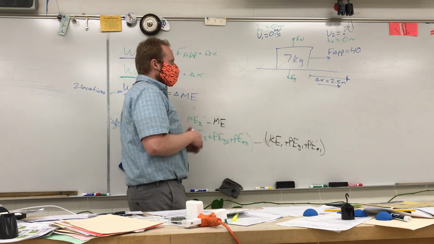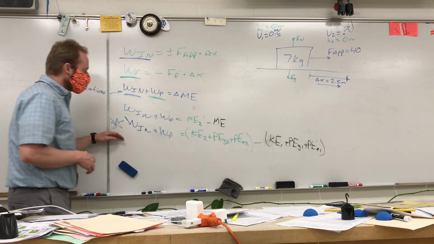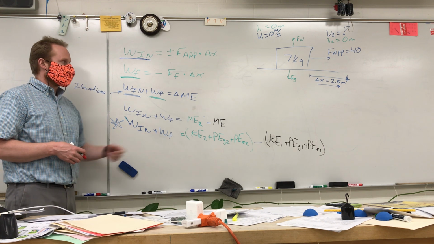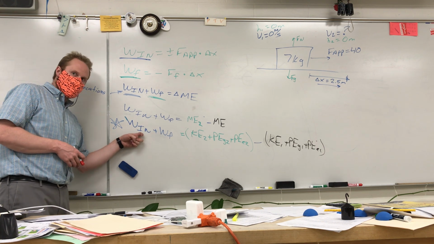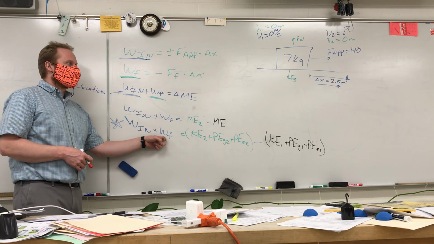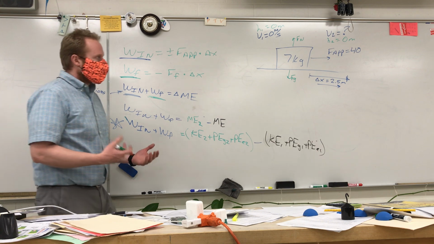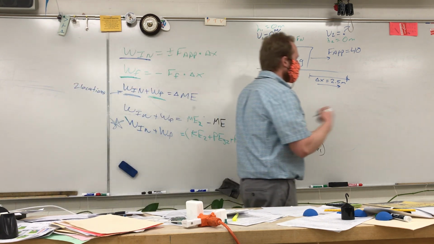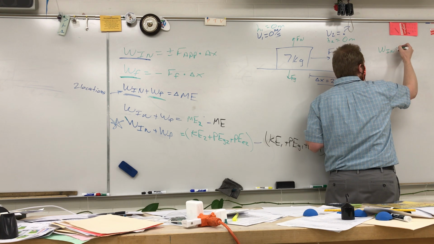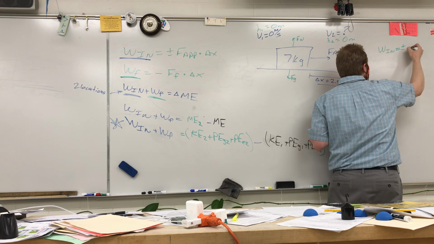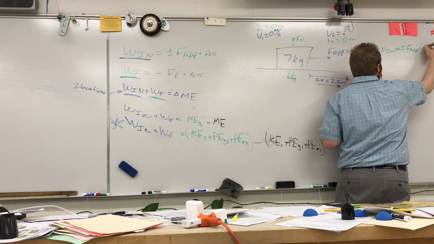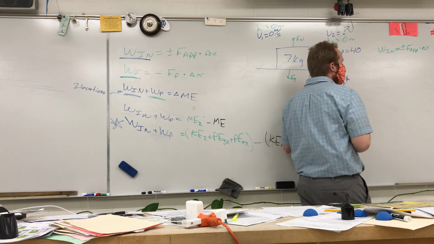Okay, so just thinking about that. In this equation, there are questions we want to ask: is there work in, and is there work done by friction? Is there an applied force and a displacement? Yes. Is there a friction force and a displacement? No. And the equation for work in is that.